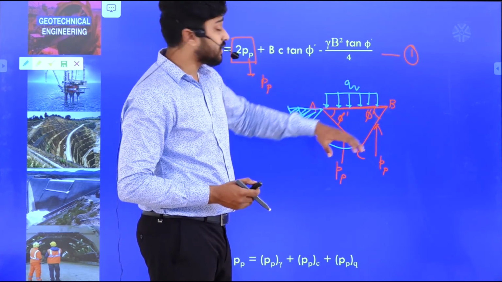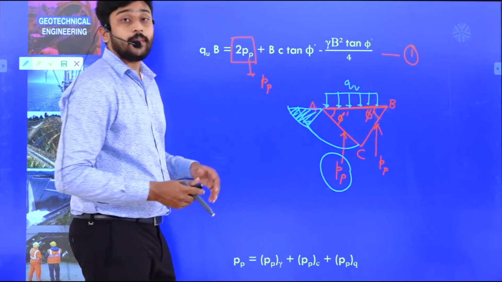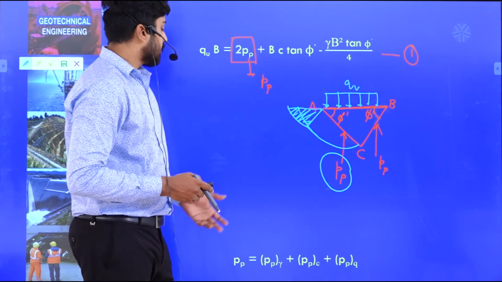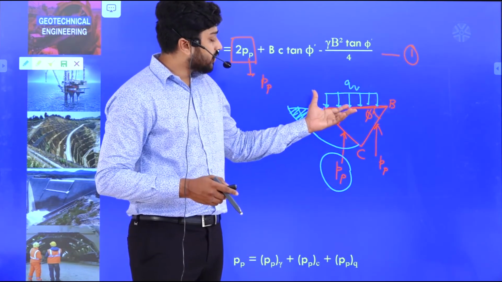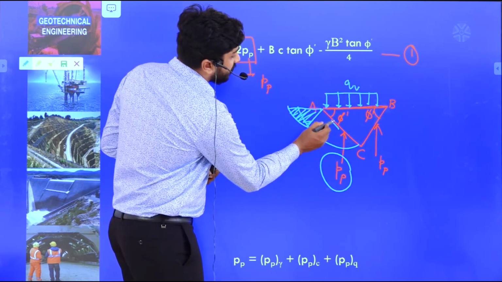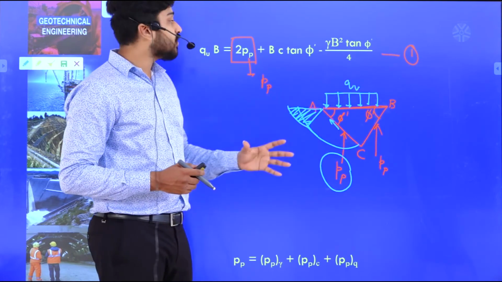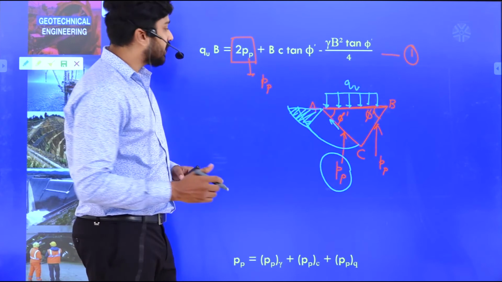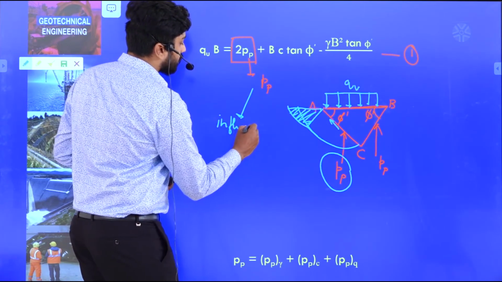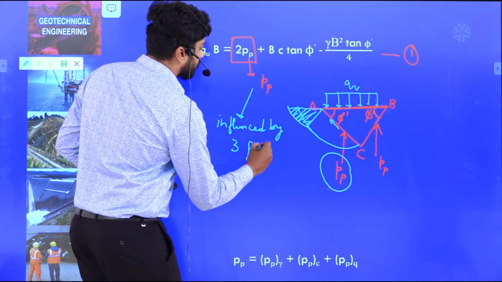So this Pp is an entity that is completely influenced by different parameters: the unit weight of the soil, the cohesive force that is acting along the surface, as well as the surcharge load. That means it is influenced by three parameters.